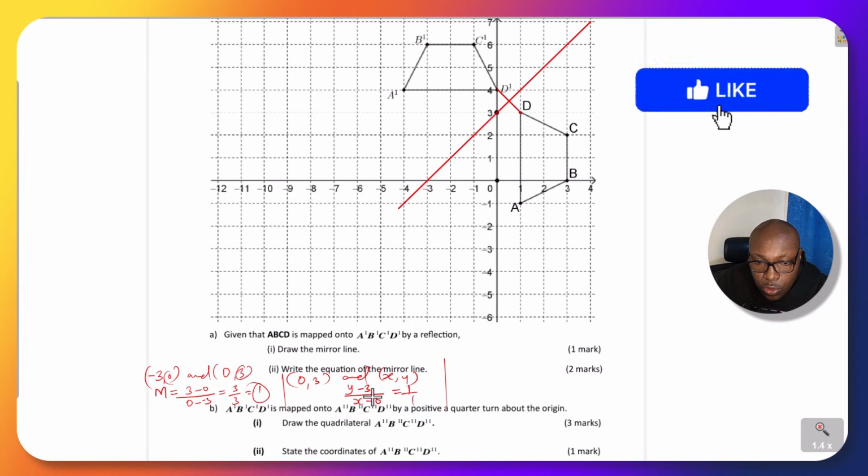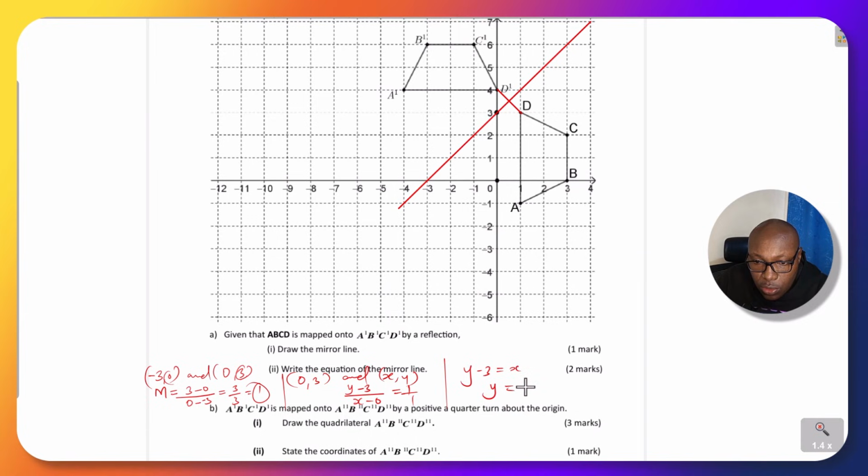So when you cross multiply, you get y subtract 3, multiplied by 1, equals x minus 0, that is equal to x. So y is equal to x plus 3. So that is the equation of the mirror line. Simply get any 2 points that lie on that mirror line, then get the gradient, then find the equation.